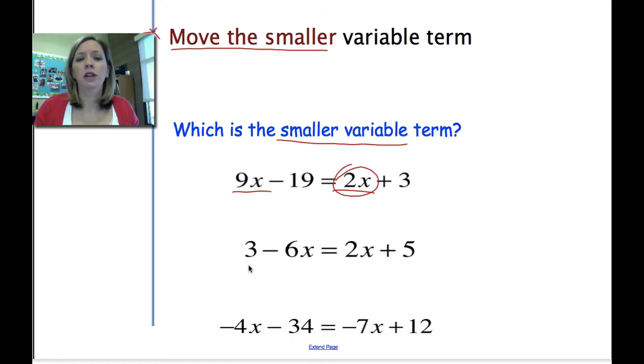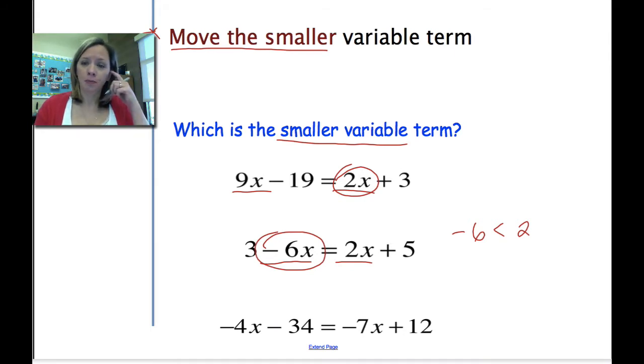In the second equation, we have 3 minus 6x is equal to 2x plus 5. Looking at your variable terms, we have 2x again, and we have 6x, but it's really negative 6x. So which number is smaller, negative 6 or positive 2? Negative 6 is smaller. So negative 6x is the smaller variable term.